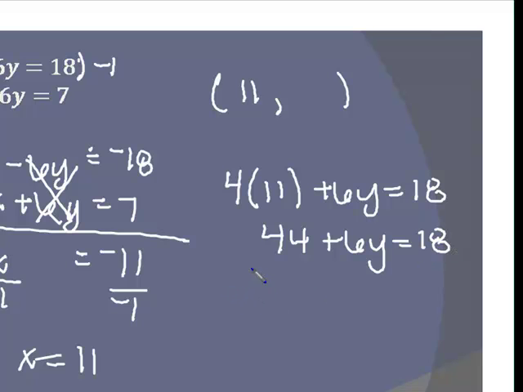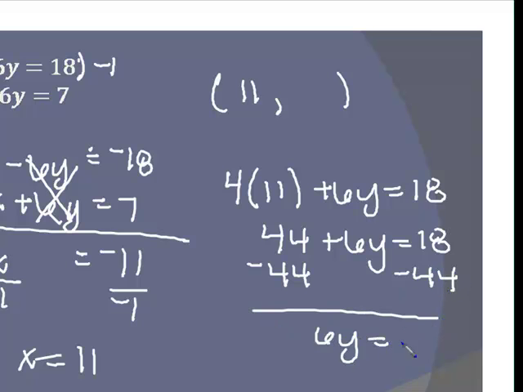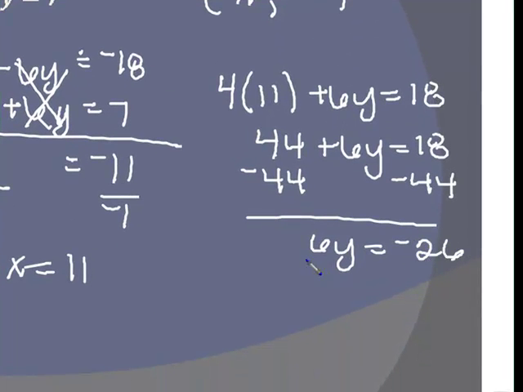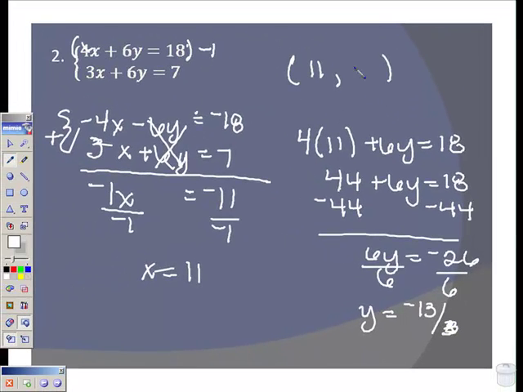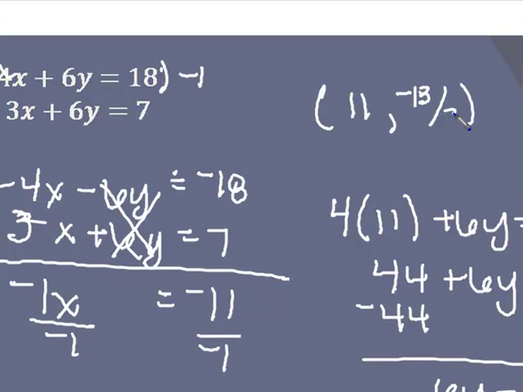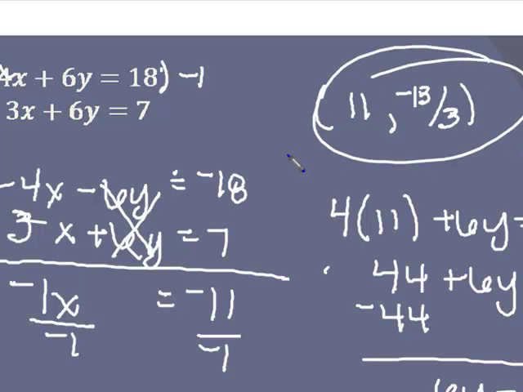And then subtract 44. 6y equals negative 26. Divide by 6. y is negative 13 over 3. So there's your answer.